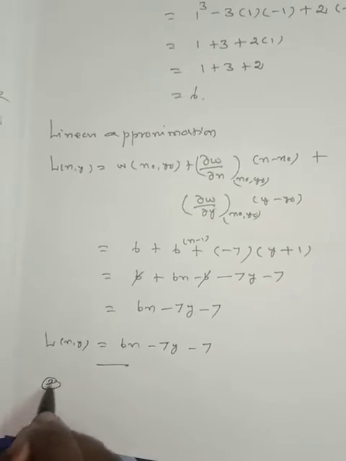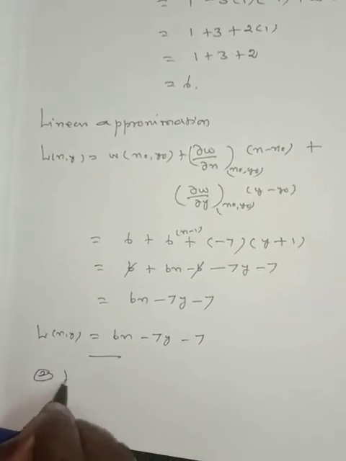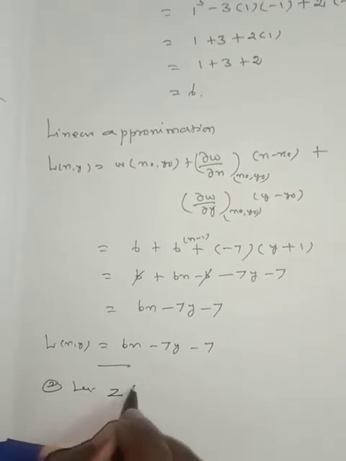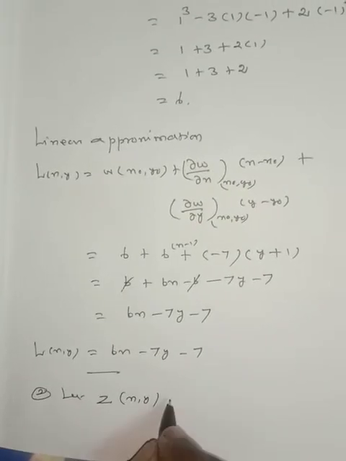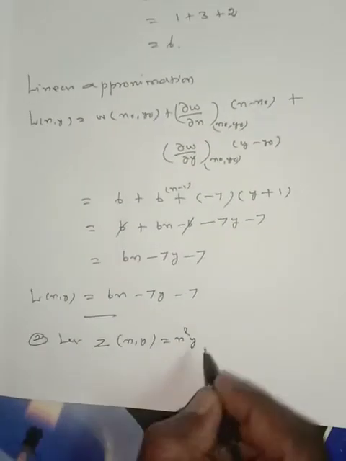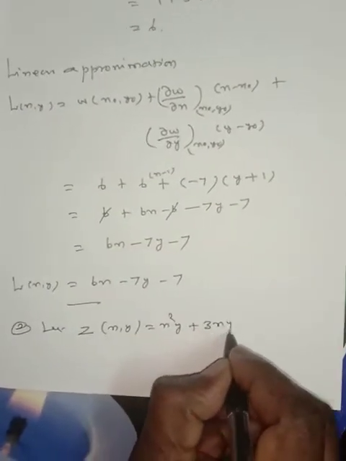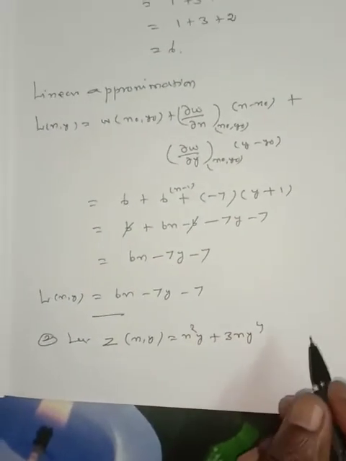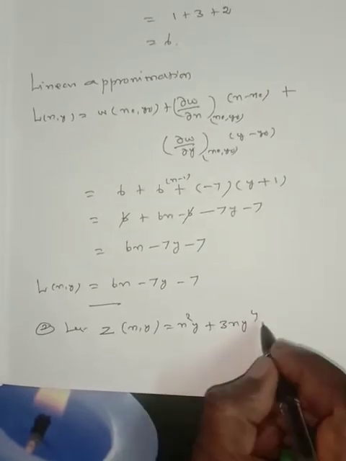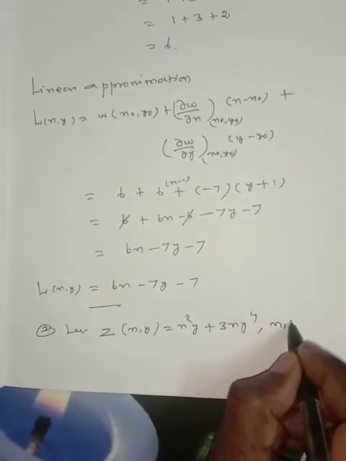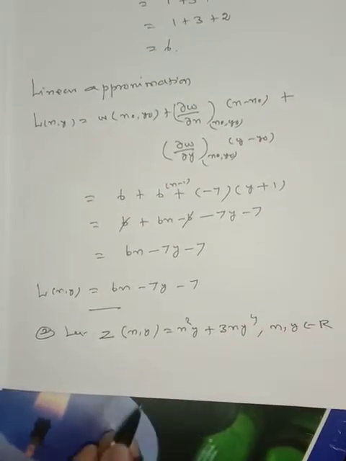Question number 2. Let z of x comma y is equal to x square y plus 3xy to the power of 4, where x, y belong to the real number set.